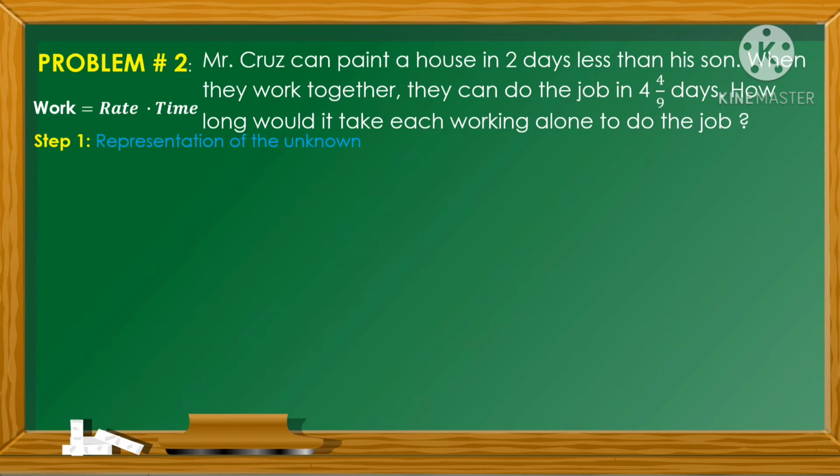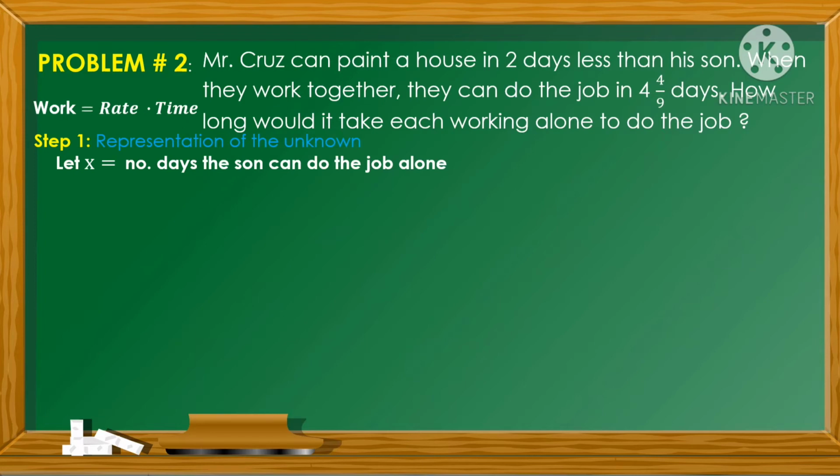Yung representation natin will be based on the first sentence. Yung number of days na magagawa ni Mr. Cruz yung pagpipaint sa house ay dinidescribe base doon sa bilang ng araw din na matatapos ng kanyang anak yung pagpipaint ng house. But we do not know the number of days that his son can do the job alone.